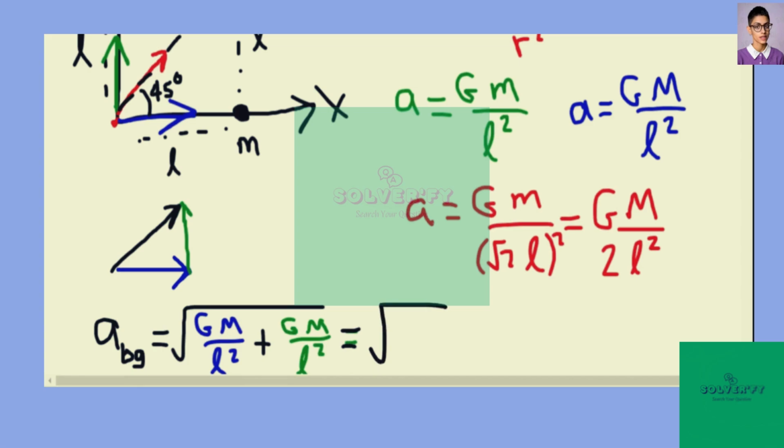That would be 2 G M over L squared, which would be the square root. All right, I forgot to put my squares in here. A squared plus B squared equals C squared. So there's 2 of them, so we still have the square root of 2. And then it's just going to be G M over L squared.